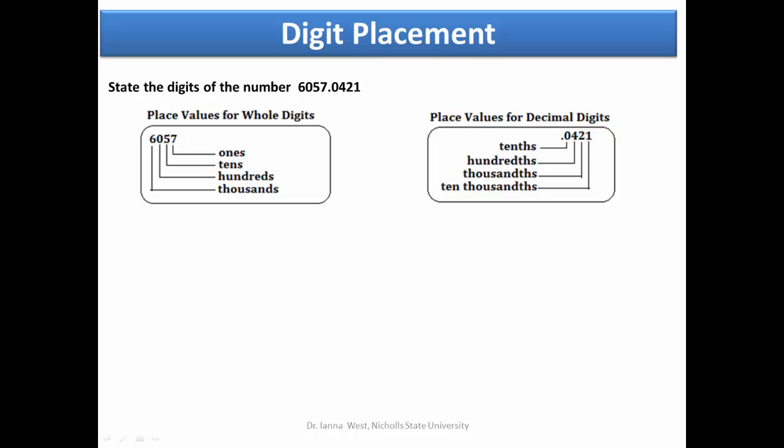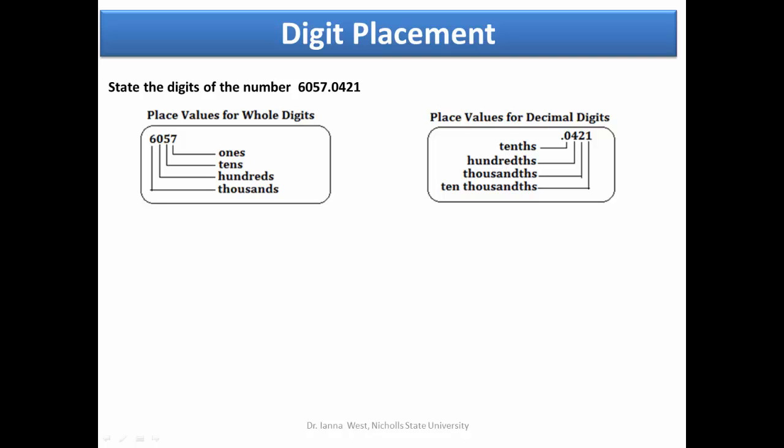It may help you to understand why this is the case if you think of the fraction equivalent of the fractional part of the decimal. For instance, the fractional part of our decimal is 0.0421, and the fraction equivalent to this number is 421 over 10,000, which is read 421 10,000ths, and we read 0.0421 as 421 10,000ths.